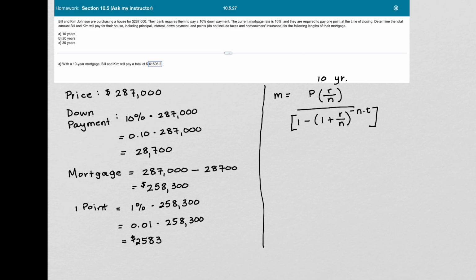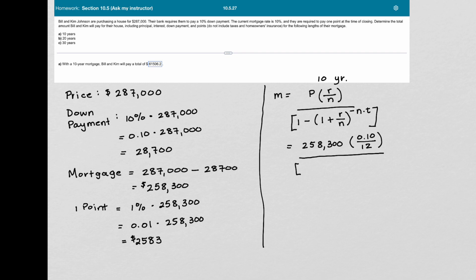So for a 10-year mortgage, our principal is $258,300, and I multiply that by the interest rate, which is 10%, which is very high. And we're dividing that by 12 because this is a monthly payment. That's what you're going to see for mortgage problems here.